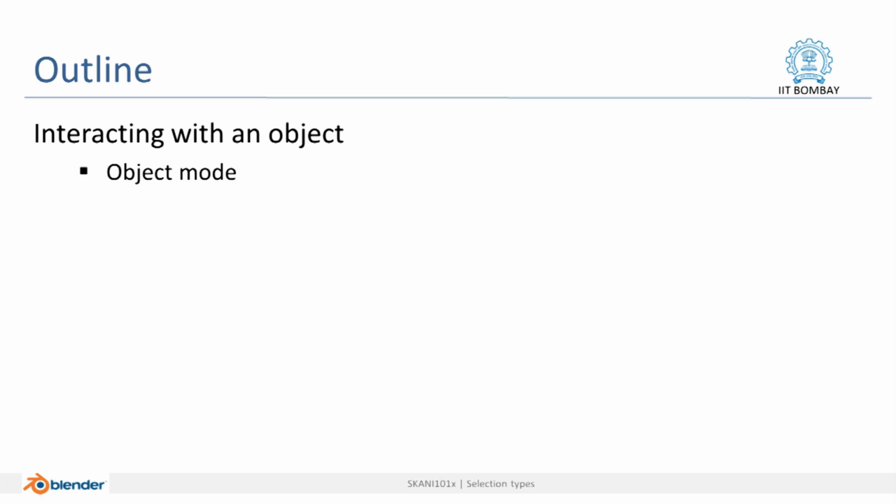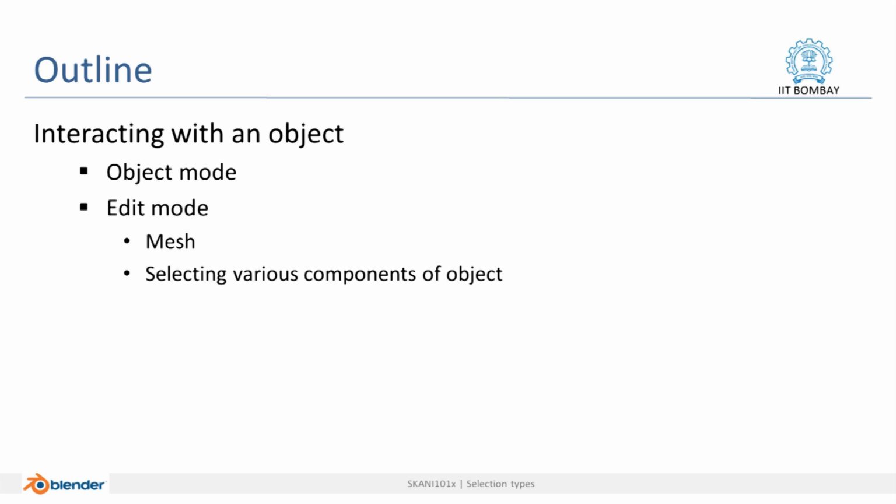The commonly used object mode, which you have already seen, and the mode where you can modify it, which is called the edit mode. And how do you modify it? Well, you have three different components of a given object, which are the vertex, an edge or a face.